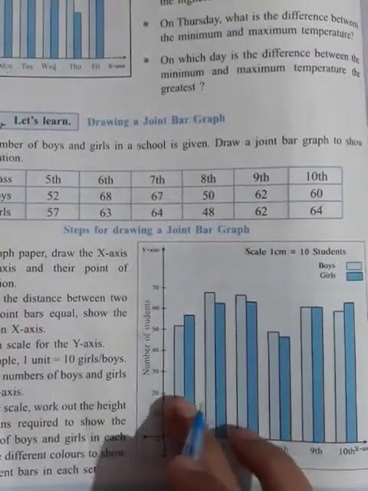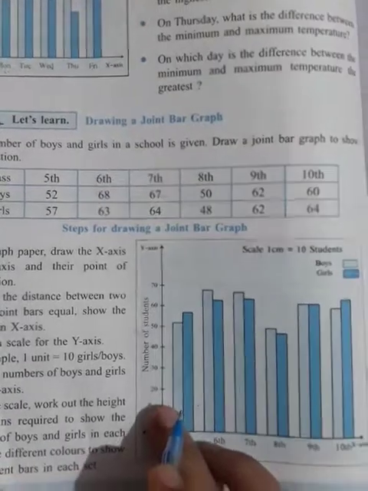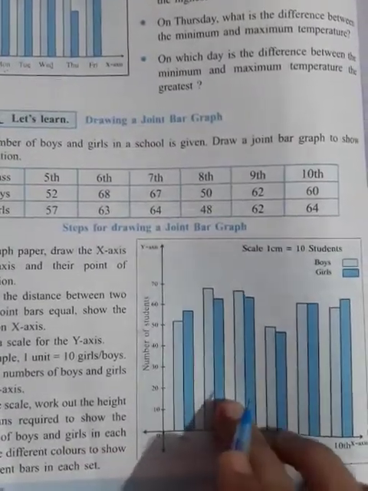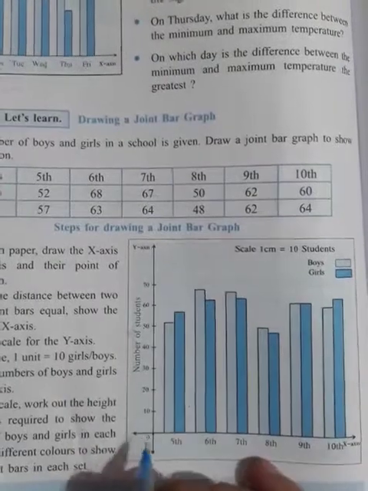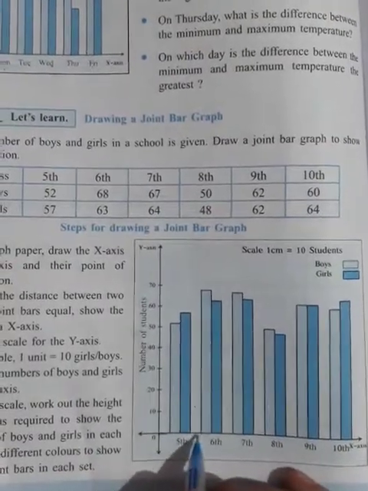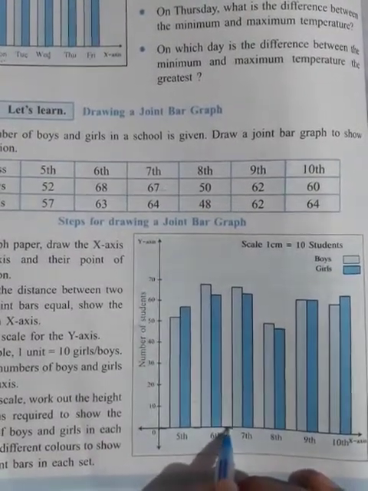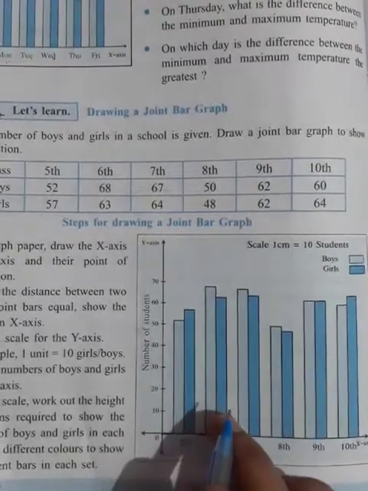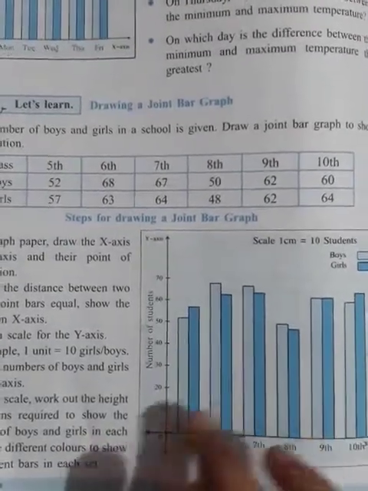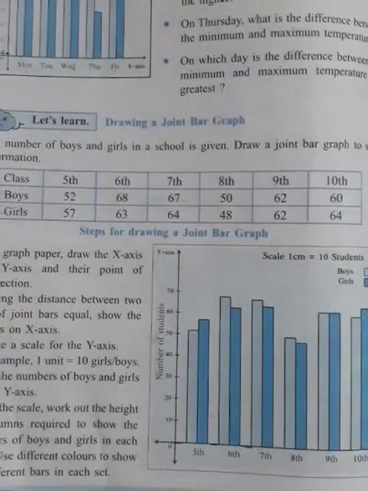Okay, these are joint bars. So if we take half of the distance here, this is the distance between these joint bars. Make sure that the difference is equal.